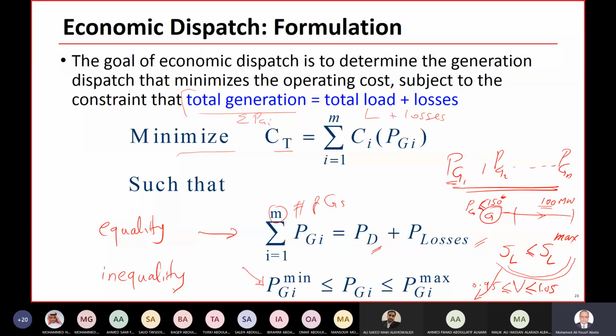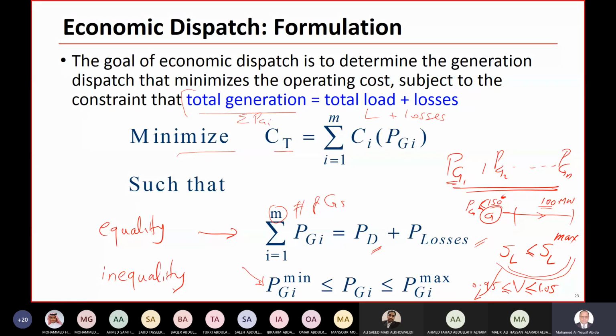If you increase the number of constraints, you are complicating the problem and reducing the search space of the optimal solution. Of course, we need to start with a very simple formulation, and then we can start incorporating the constraints one by one.